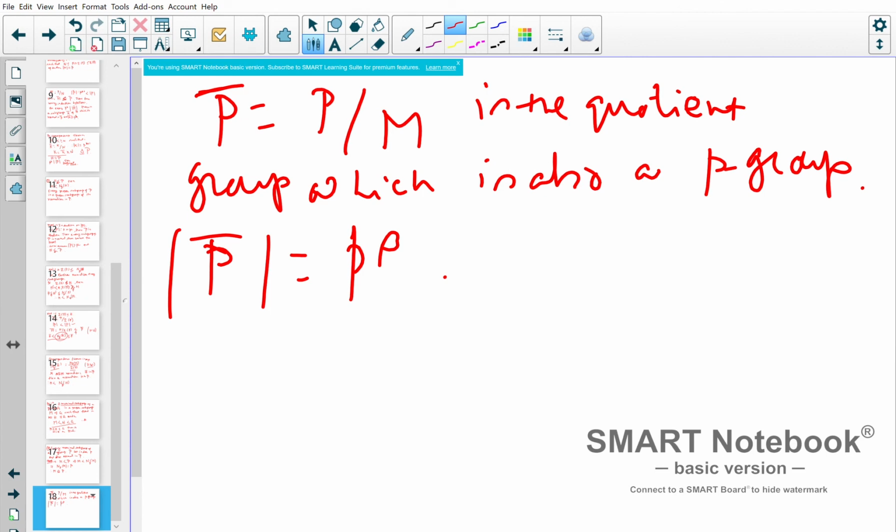Now, claim: this beta has to be equal to 1. Why?